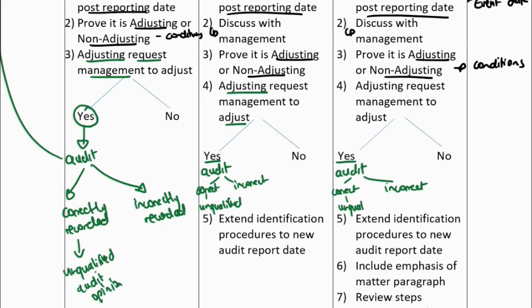And again, as I said to you, we're going to do the types of opinions next week. So just for now, have it here so that when we've done that, you can refer back to it. But if it's incorrectly recorded, then I've got a misstatement, and I need to see, is the misstatement material?